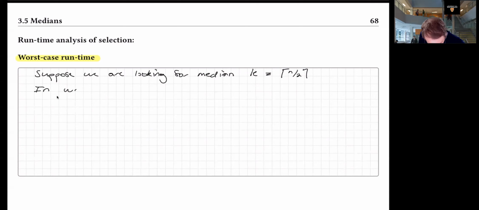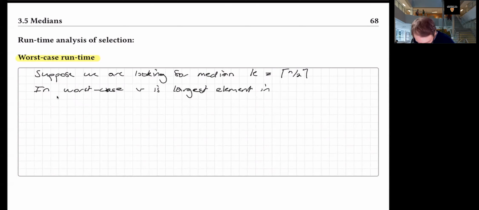In the worst case, V is the largest element in S each time. And in that case, the first time we're searching for the median, we do this split.